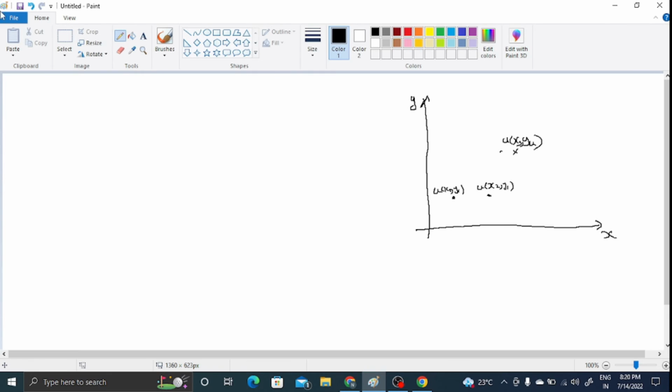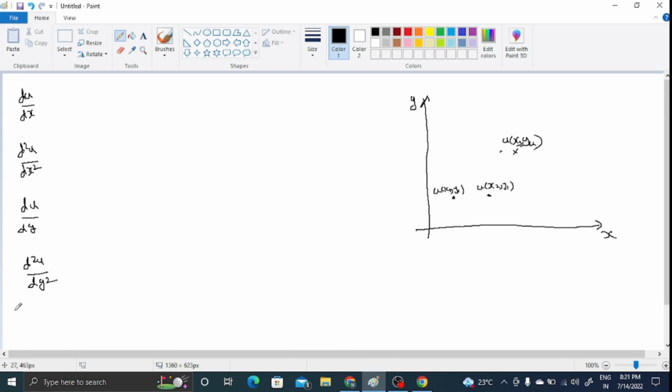The derivation is important enough. What I am trying to say is, if u depends upon both x and y, then we can see terms like du by dx, d square u by dx square. Similarly, we can see du by dy and d square u by dy square. So normally we see four different terms.